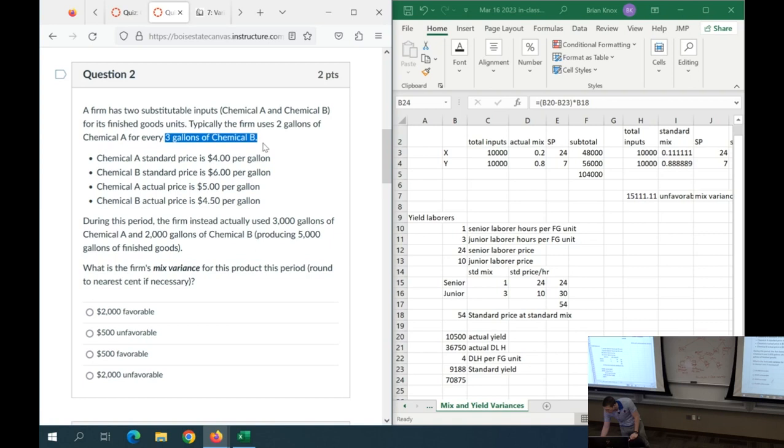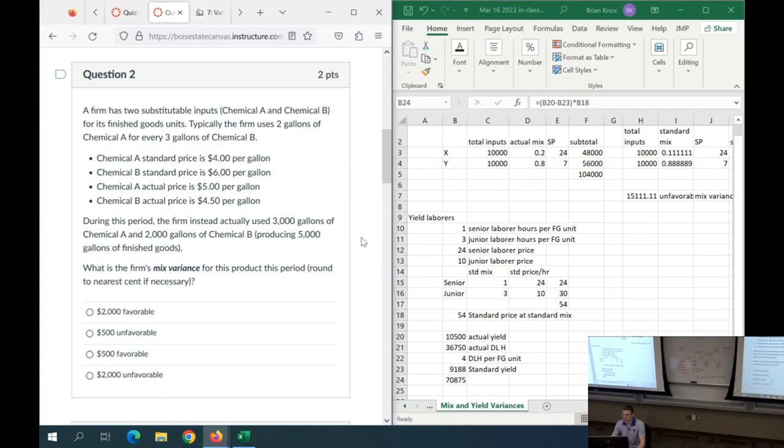This is supposed to be premium quality. Looks like somebody goofed and used 3,000 gallons of the cheap stuff and 2,000 gallons of the expensive stuff. So it's not going to be as high quality, is my assertion anyway. And so I can already guess whether it's going to be favorable or unfavorable. We overused the cheap stuff.